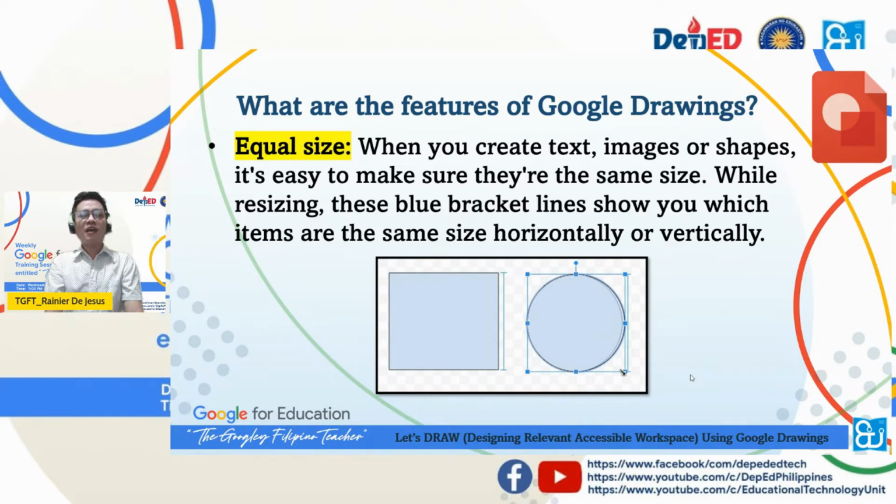When you create text, images, or shapes, it's easy to make sure they're the same size. While resizing these shapes, these blue bracket lines show you which items are the same size horizontally or vertically. Yan, no? Meron po tayong feature na tinatawag natin na equal size.